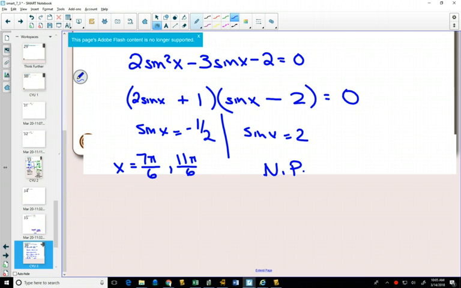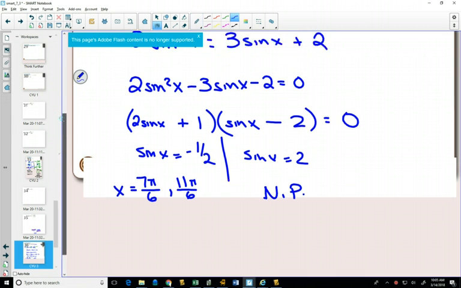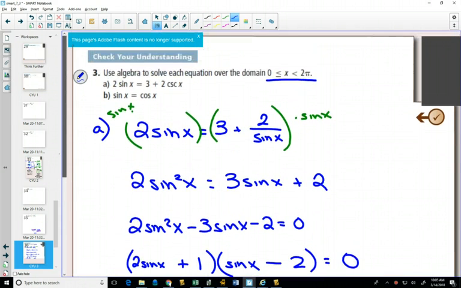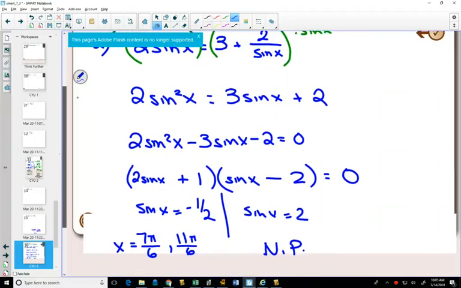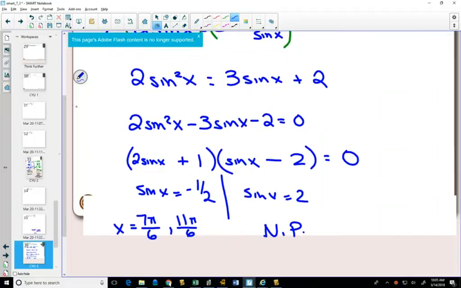So one thing that I've said before is when you're done a question, always go back and check. What was the domain? Was it all real numbers? Oh, and this one, it was between 0 and 2 pi. 2 pi wasn't included, but that doesn't affect our answers. Questions?